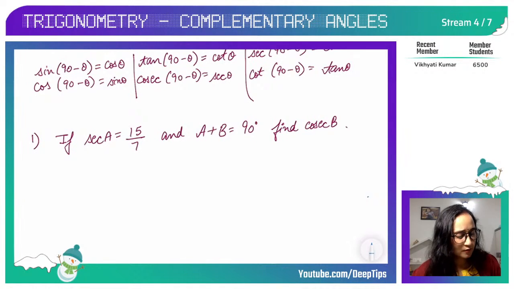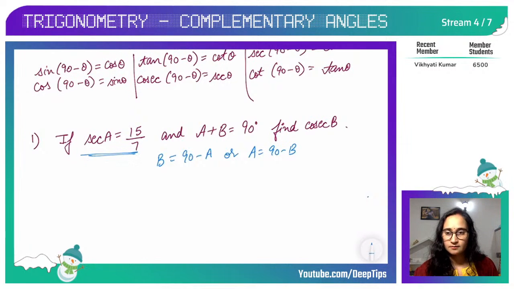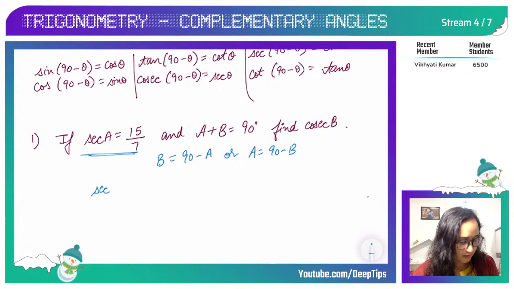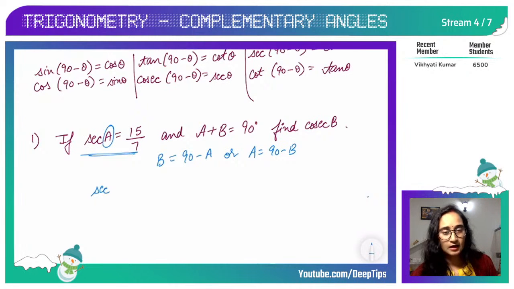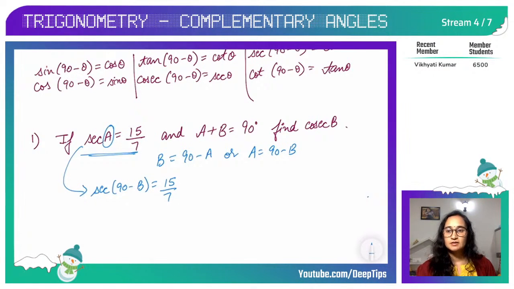I know that B can be written as 90 minus A, or A can be written as 90 minus B, correct? Since secant A is given, it's convenient to change A to 90 minus B. I can rewrite secant A as secant 90 minus B equals 15 by 7.